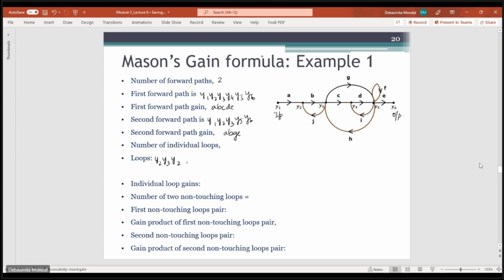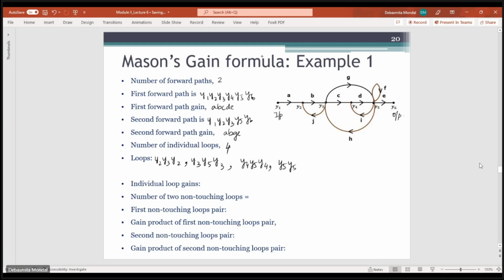Then Y3 goes to Y5, comes back to Y3. Then you have this loop, Y4, Y5, Y4. And then there is another loop which starts from Y5 and again ends at Y5. Okay, so these are the four loops which are present in the system.